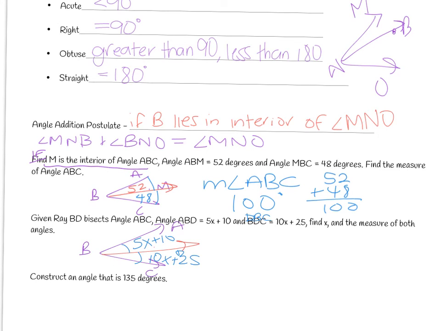Find the measure of both angles. If this is an angle bisector, they would be equal to each other. So I set them equal to each other, subtract the 5x, subtract the 25, divide by 5, and x is -3.